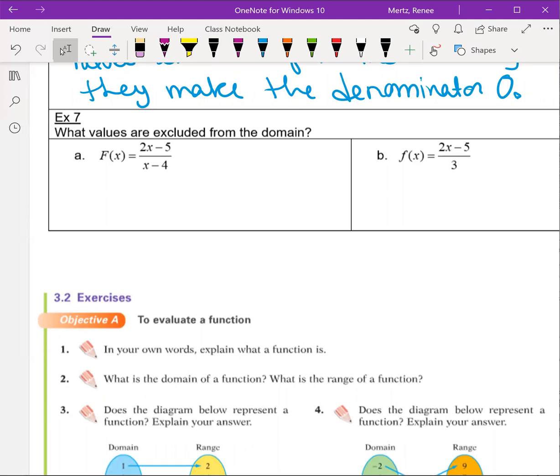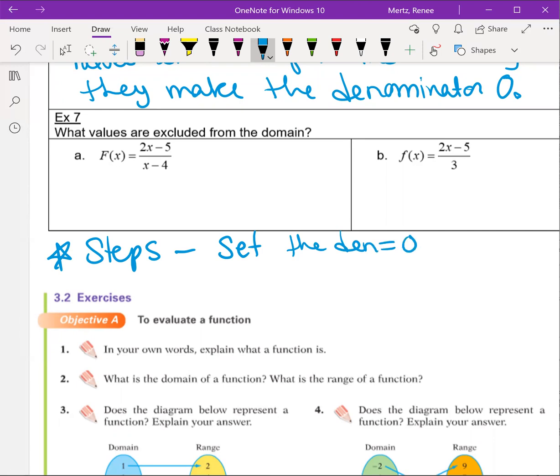So our steps: set the denominator, d is down, the denominator equals 0. Solve for x. So we're going to set x minus 4 equal to 0. We get x equals 4. That means 4 is going to make this undefined.